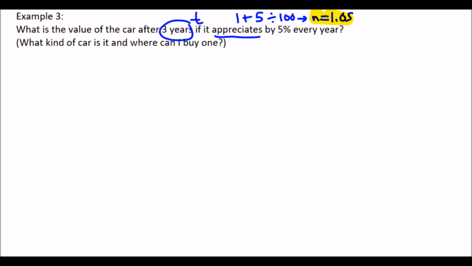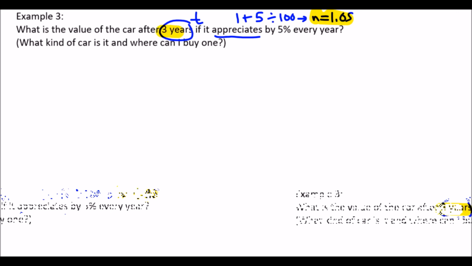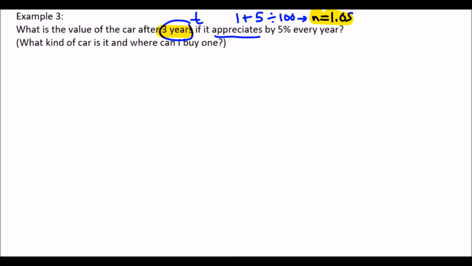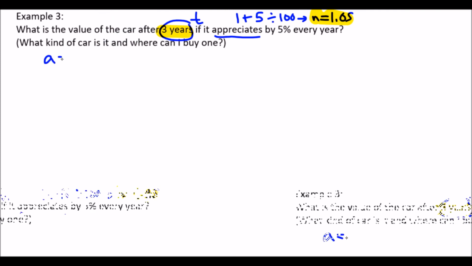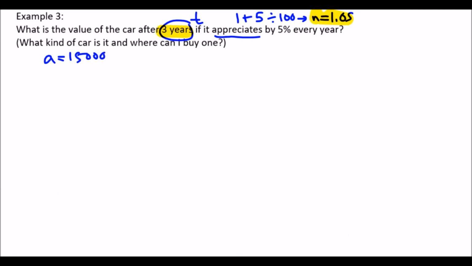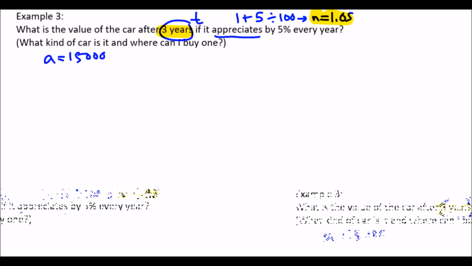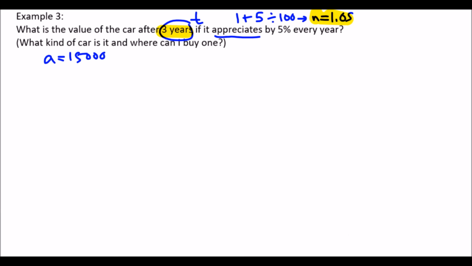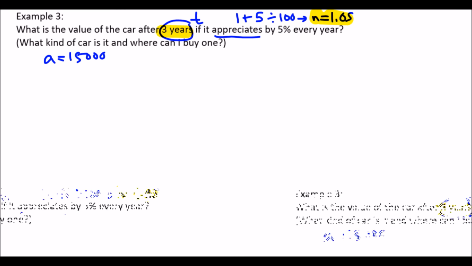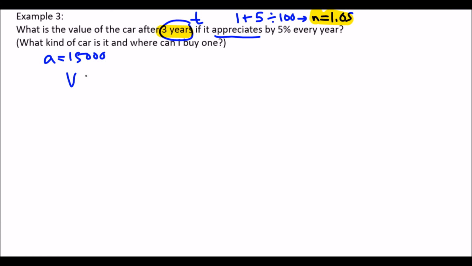I've got my T, which is 3. And I still am going to use my A from before. So let's pretend my A was again 15,000 from example 2. And I'm going to solve. So I'm going to have here the value after 3 is equal to 15,000 times 1.05 to the exponent of 3.